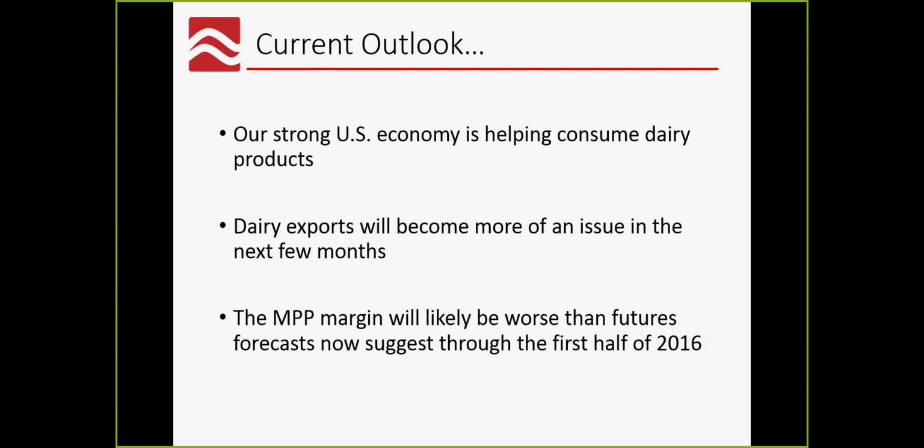You all have 2 more months to decide on this sign up, but in the meantime, if you are so inclined, you can also look at futures and options and forward contracts. There are some margins in early 2016 that you might want to consider locking in some percentage of the milk production. Because I still think, at least for the first half of 2016, there's more downside risk there than what the market would currently indicate.